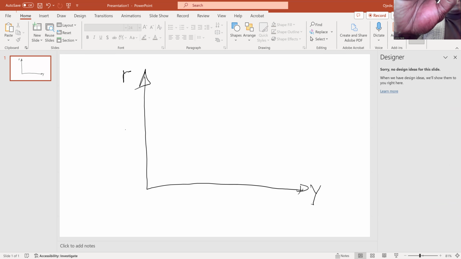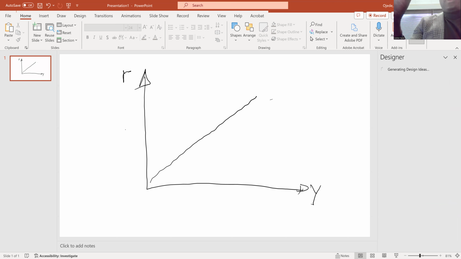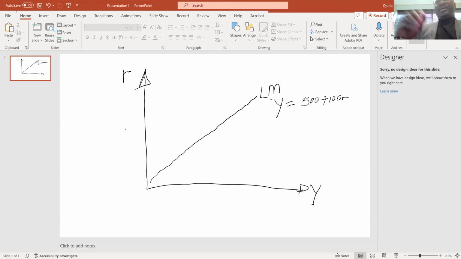So the LM curve, which we just derived, is upward sloping, right? The equation for the LM, we found it to be Y equals 500 plus 100R. That's what we found there. This is your LM. You could also rewrite this, making R the subject.